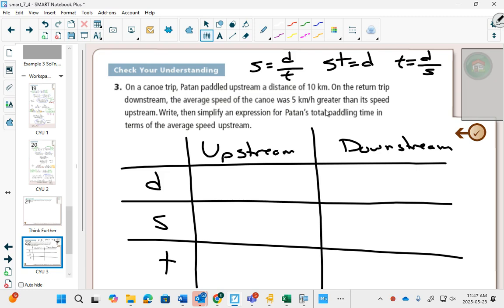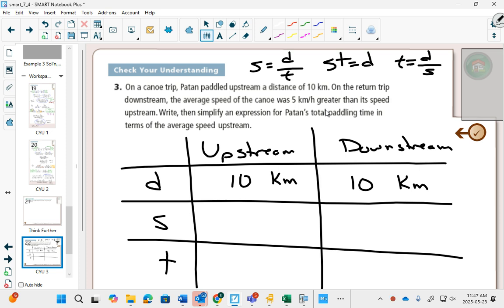For example, do we know the distance traveled upstream? Yes. So we can put 10. You could add the units here if you want. We know that's 10 kilometers. Do we know the distance downstream? Yes. It's a return trip, so it's exactly the same distance.